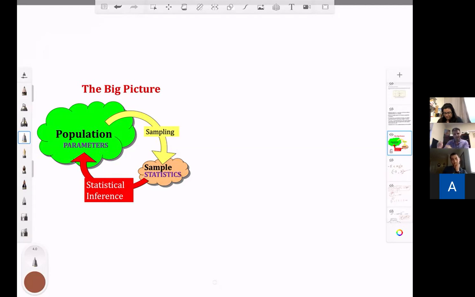We pick a sample and apply statistics on the sample. We study the sample, and from this sample we apply statistical inference to get an idea about the population.